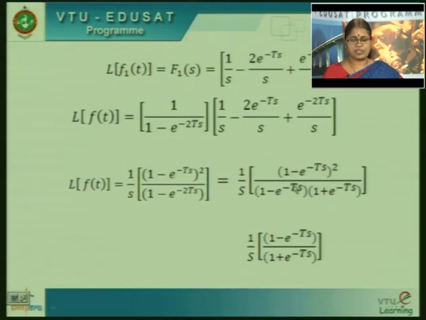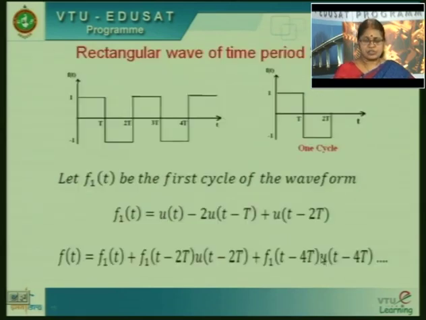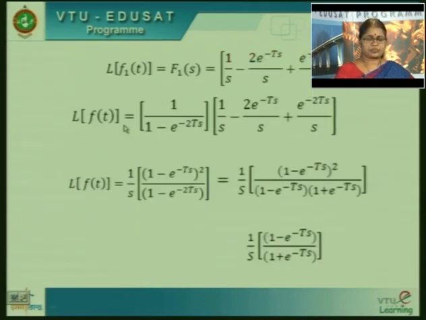So, simplifying this, cancelling out these two terms, we can write the Laplace transform of this periodic function as 1 by s into 1 minus e power minus Ts divided by 1 plus e power minus Ts. So, this is the Laplace transform of the square wave or rectangular wave of magnitude 1 and time period 2T.